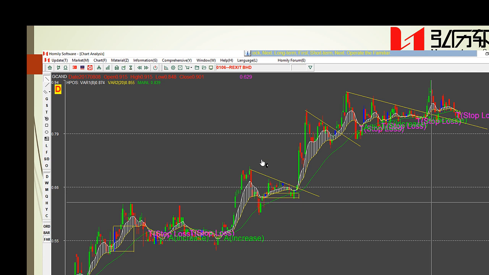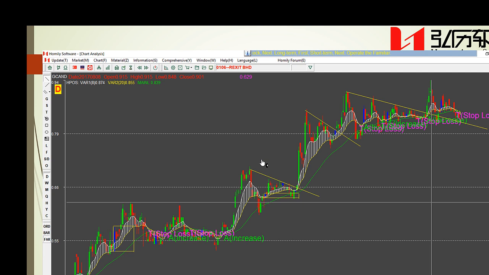But we can find that although the price here is a yin candle, it still keeps moving up, so here we also can buy it, because we can see the green line and the white band are rising.